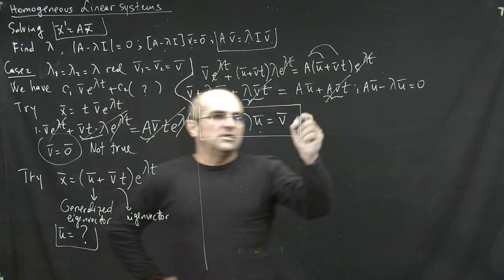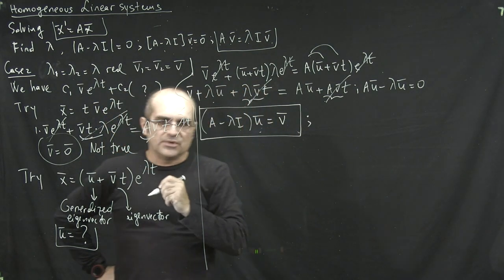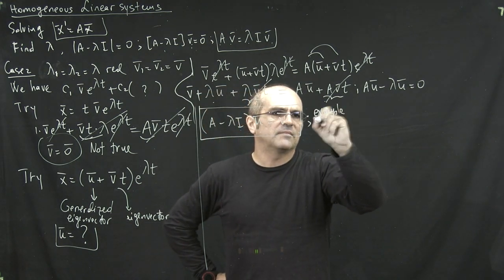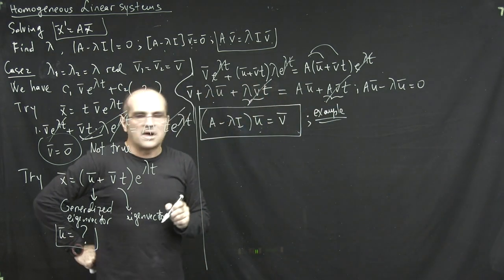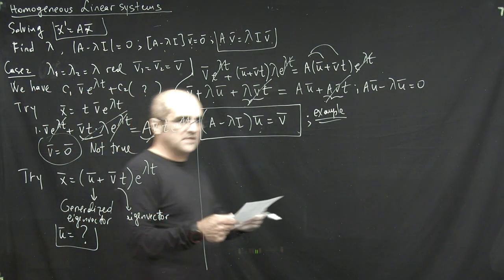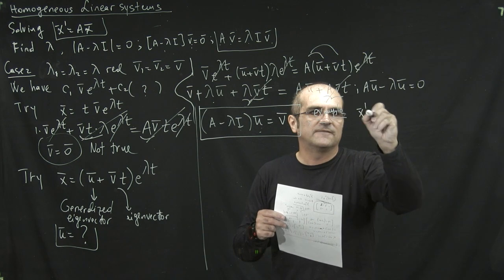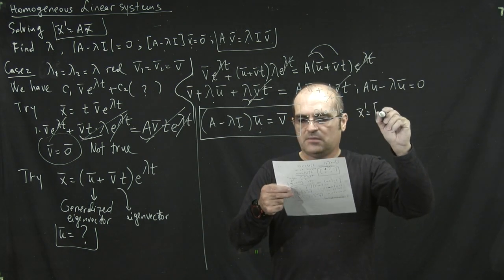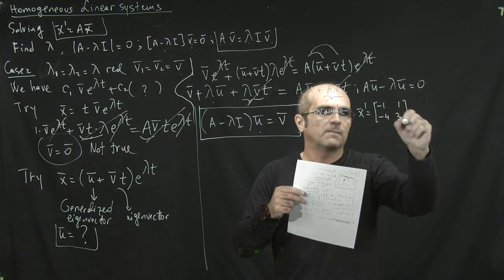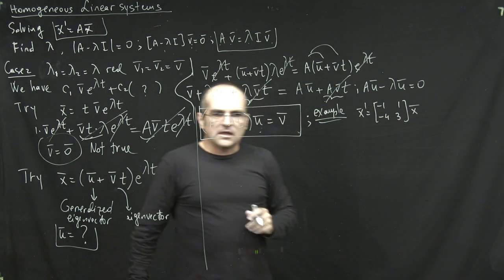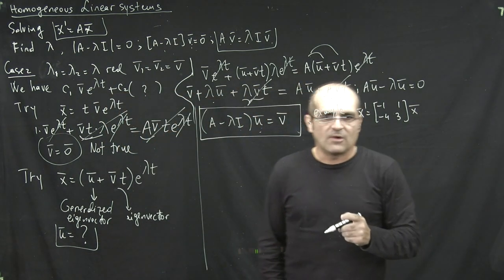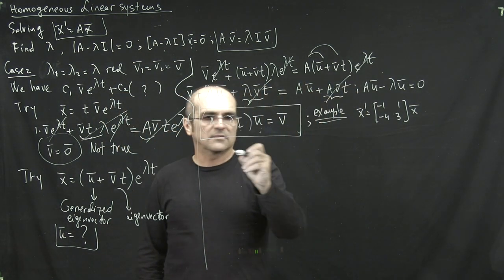Okay, so without further ado, let's actually proceed with an actual example, and then we're going to have another one in the next part. So let's see, suppose the matrix is minus 1, 1, minus 4, 3, and let's compute the eigenvalues, which will be only one, if you look carefully.